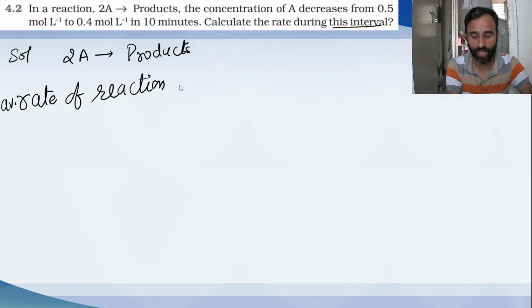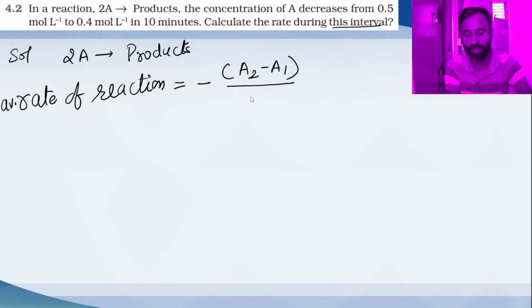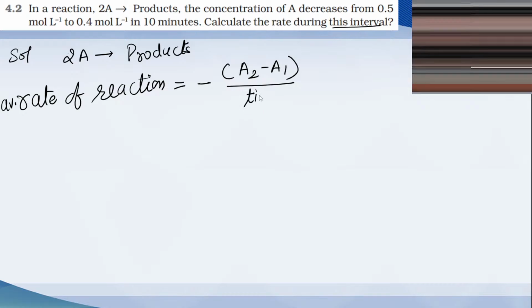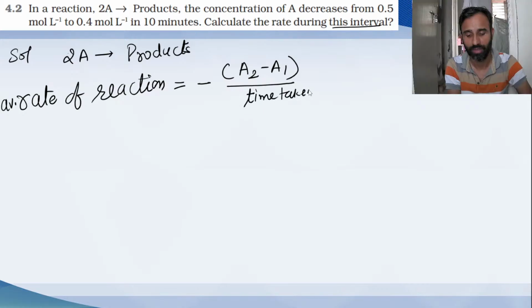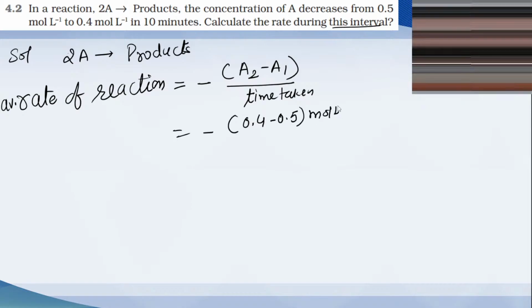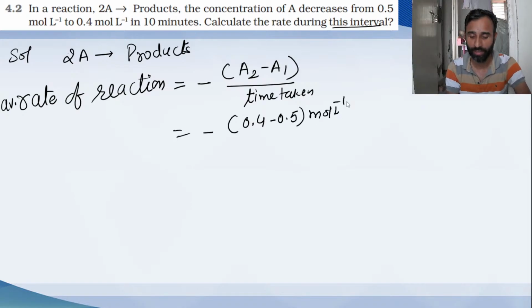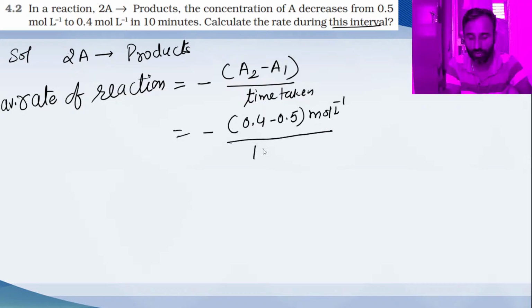So the average rate of reaction is equal to, again same, minus A2 minus A1, final minus initial, divided by time taken. 0.4 is the final concentration, 0.5 is the initial concentration, and concentration is given in mole per liter, divided by time. The time is 10 minutes.